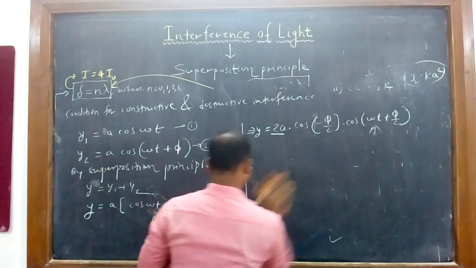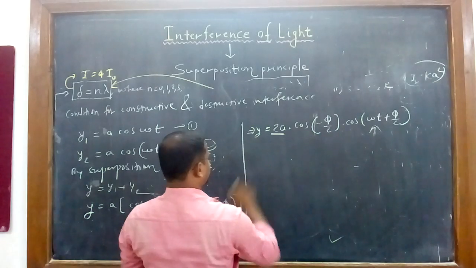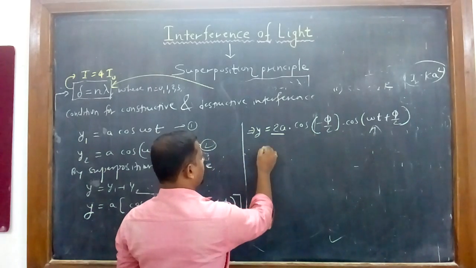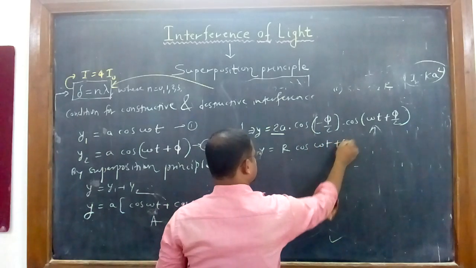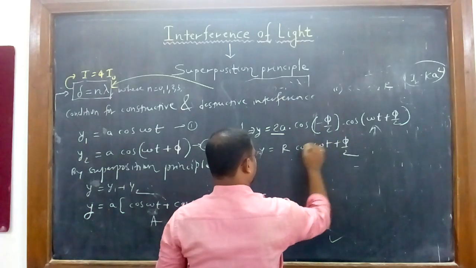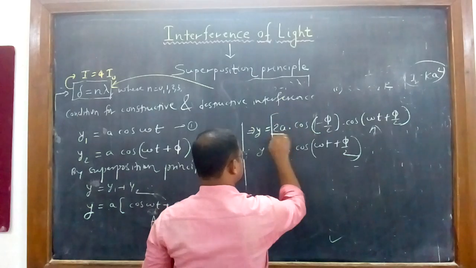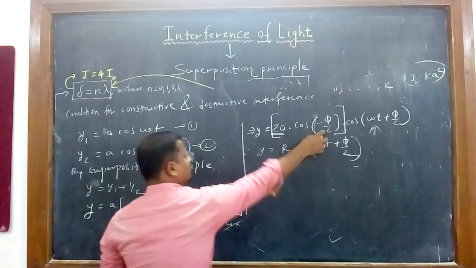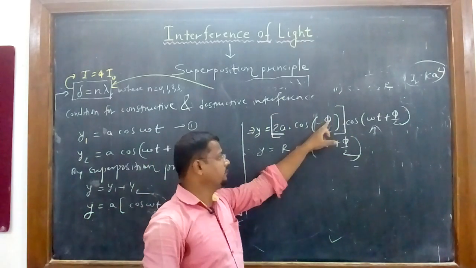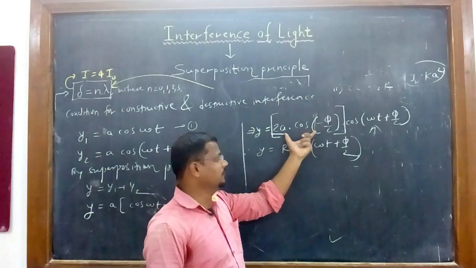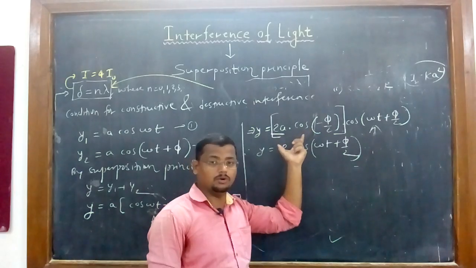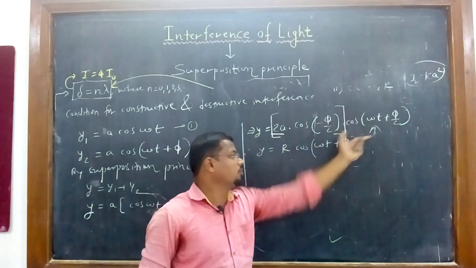Now we can see here, therefore this y is equal to R into cos of omega t plus phi by 2, because this boxed term is a number, it is not a wave. I can put the value of phi equal to 0 and cos 0 is equal to 1. So this is a number, and this number is nothing but the amplitude of the resultant wave, and this is the cos nature now.